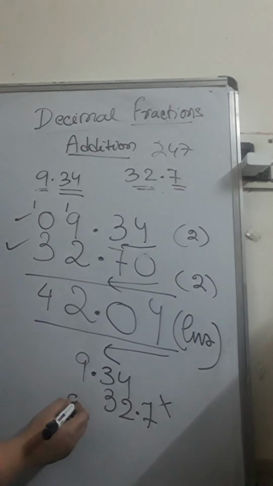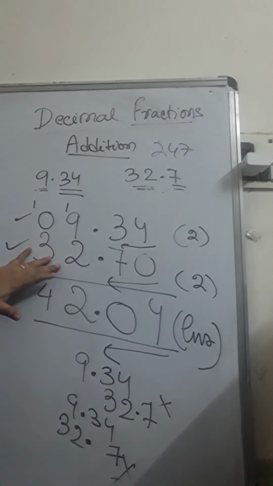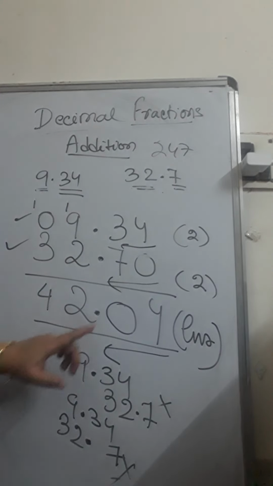Similarly, if you write 9.34 and then you write 32.7 not under 3 but under 4, then also you will get a wrong answer. So very carefully write the numbers, which should come after the other and how it should be written. Very carefully place the point and don't forget it, then the answer will be accurate.